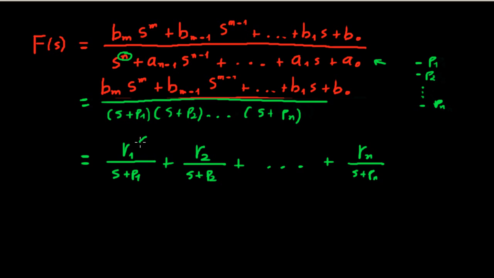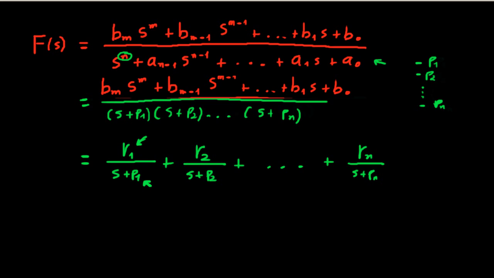This is called the residue, and each residue is associated to one pole. Each pole has its residue, and the Heaviside method is actually designed to give us the values of each one of those residues.